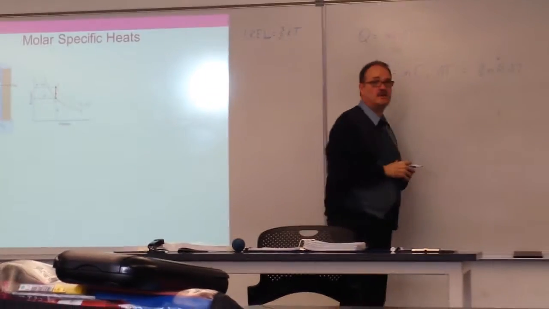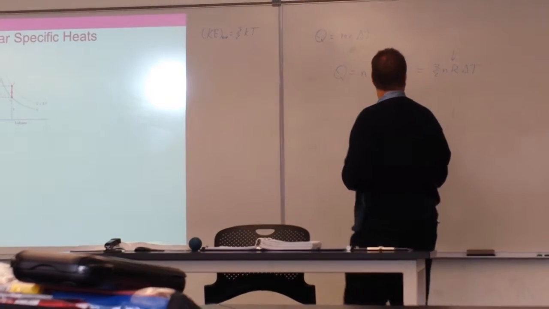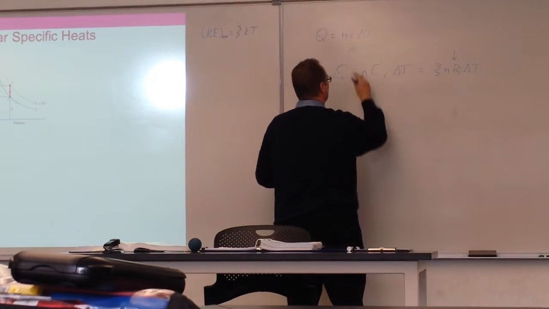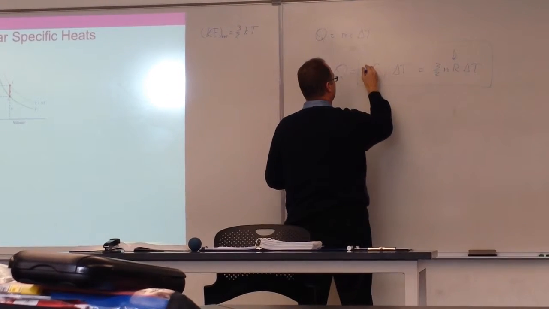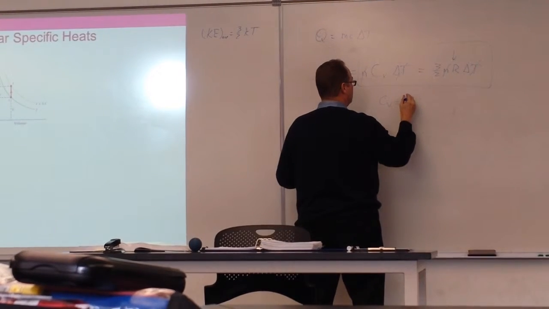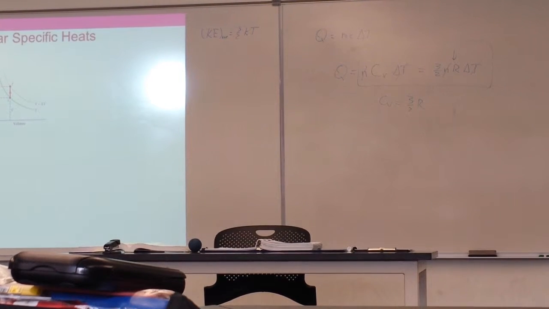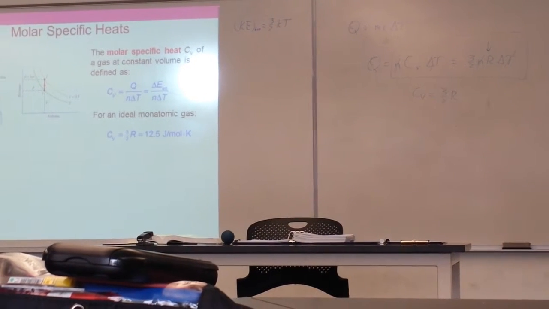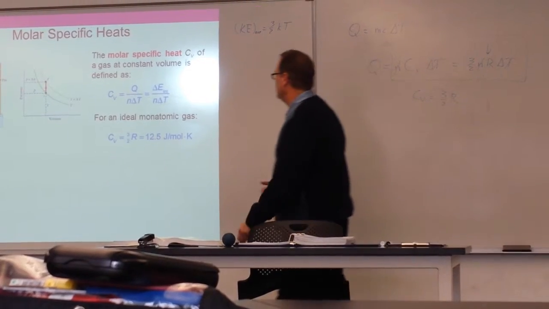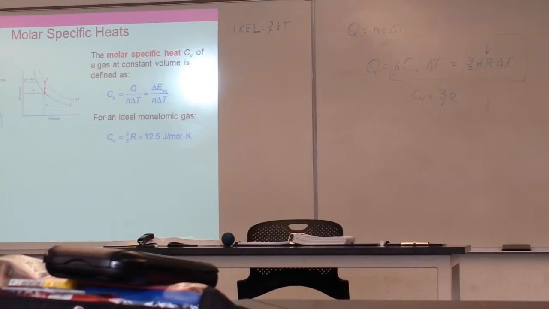This is for a monatomic ideal gas. That argon we used was a monatomic ideal gas. So just looking at these two equations, you can see for a monatomic ideal gas, because this cancels out and this cancels out, that the molar specific heat is 3/2 of R. So we know what the molar specific heat is for an ideal monatomic gas.